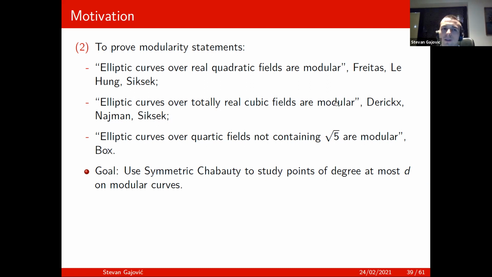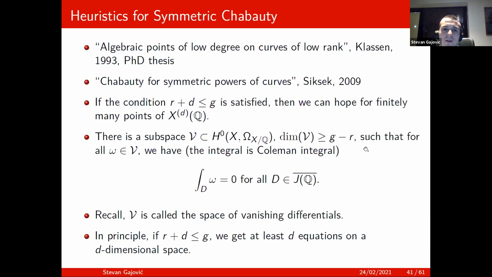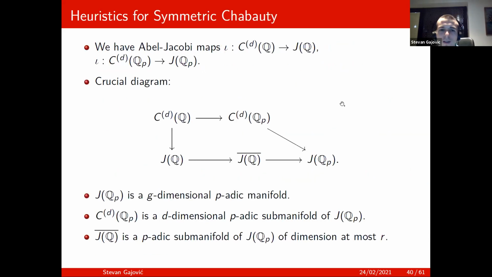There are different techniques to compute points on symmetric powers of curves, and one of them is symmetric Chabauty. Luckily, we have seen Chabauty now, so as a heuristic, it's similar.